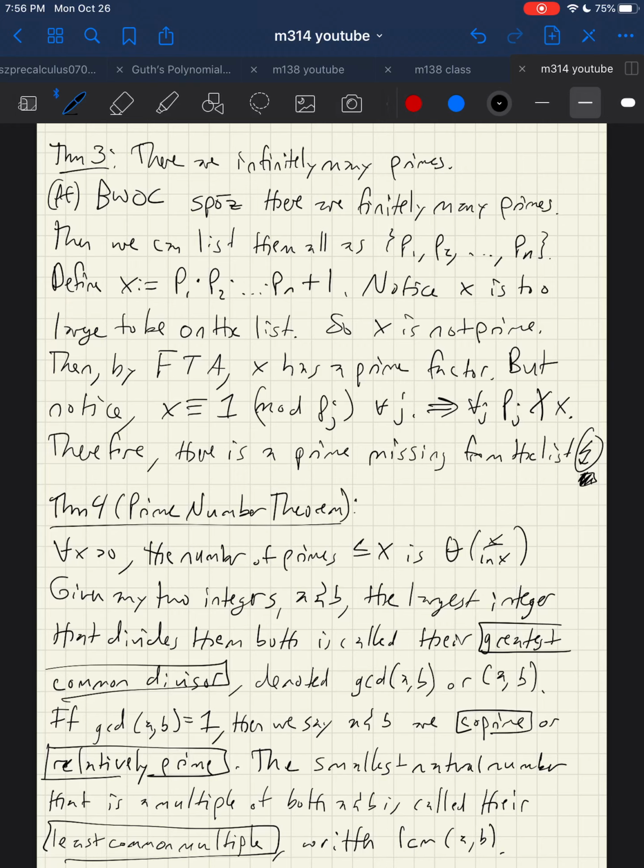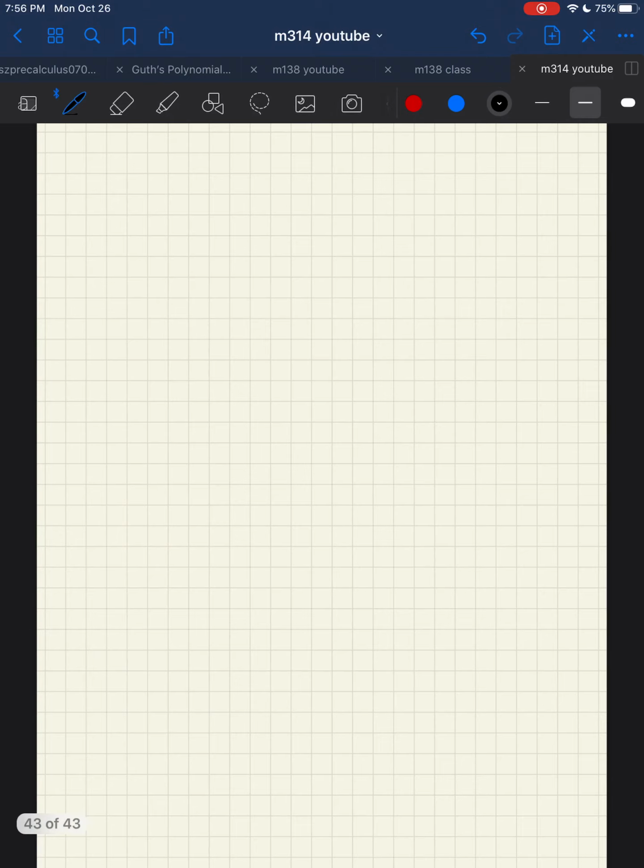You're looking for the lowest common denominator, or least common denominator. That's going to be the least common multiple of your two denominators.